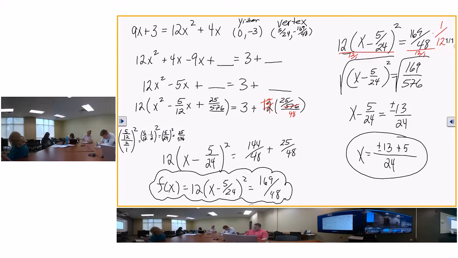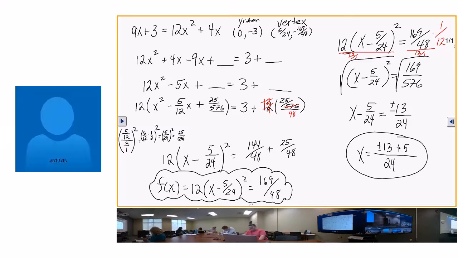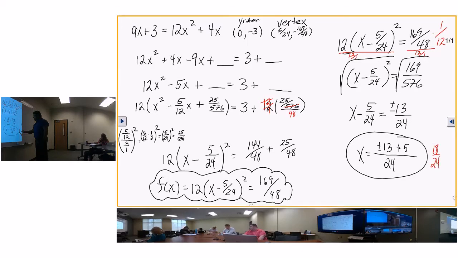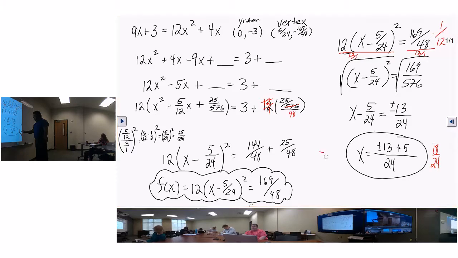All right. So what is 13 plus 5? 18. So one of you is 18 over 24, and we'll reduce it later. All right. Now, what is negative 13 plus 5? Negative 8 over 24. So there's your two x-intercepts.